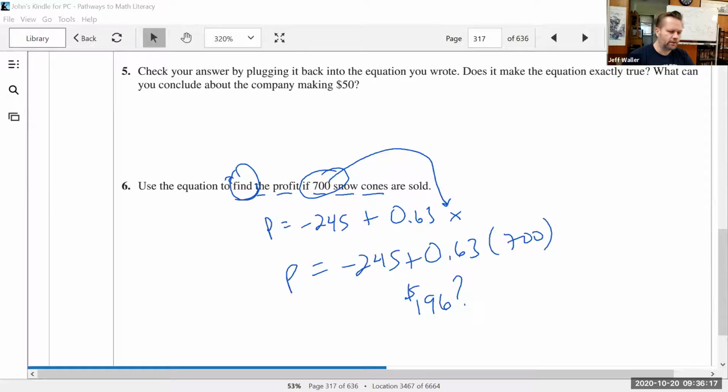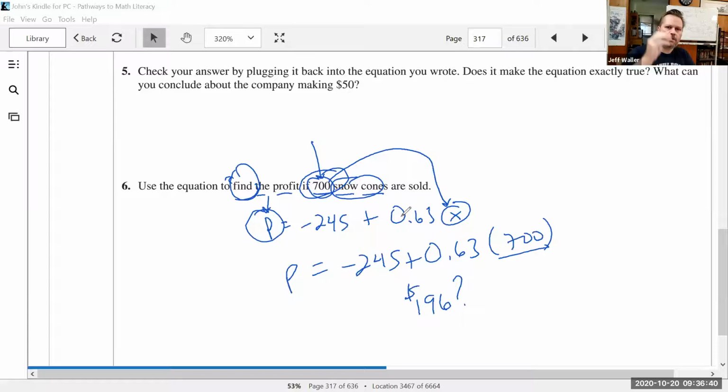All right, so I'm going to clear all that. So notice this. Please notice this. When you see a number, don't just start throwing it in the easiest place. You have to say, okay, 700 is snow cones. X is the number of snow cones. That's why 700 goes there. If they give you a profit, it has to go here. I don't care that it makes the problem harder.